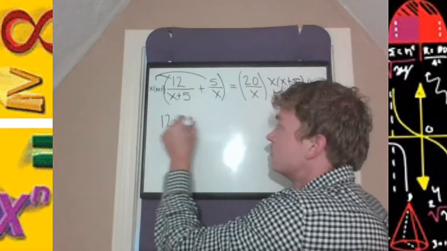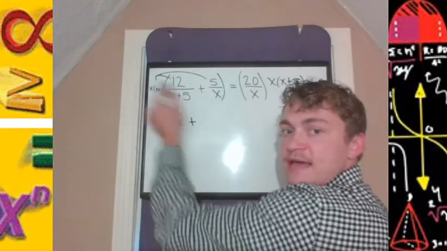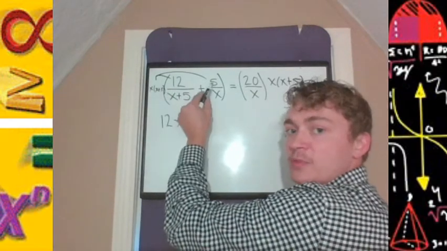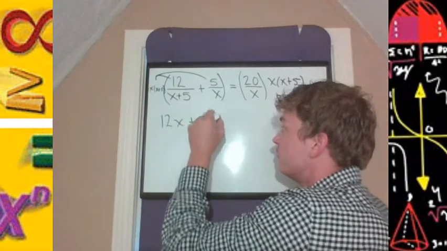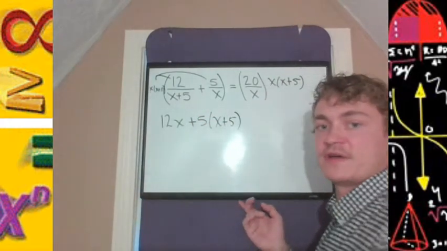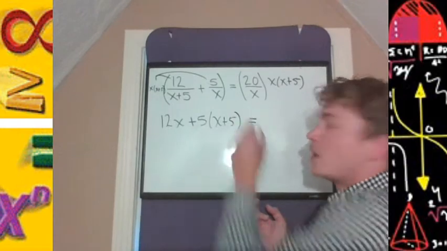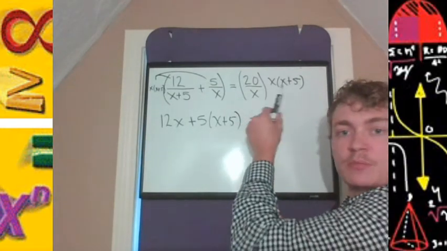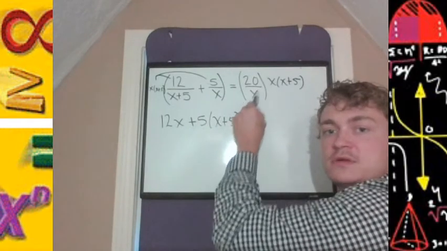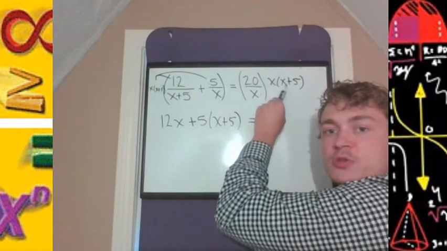Plus, distribute, the x factors cancel, leaving you with x plus 5 multiply 5, which we will write as the product of 5 and x plus 5. On the right-hand side, this equals product of the LCD and 20 over x. The factors of x cancel, leaving you with 20 multiply x plus 5.